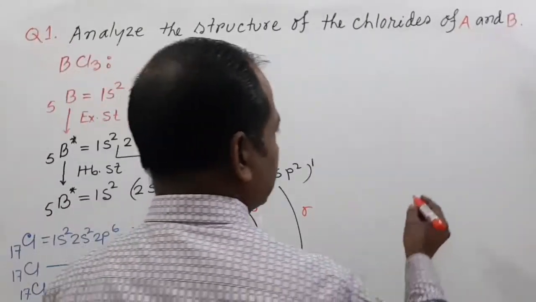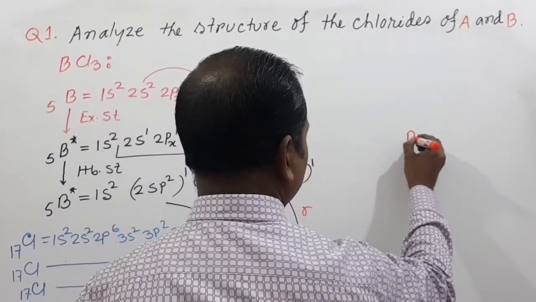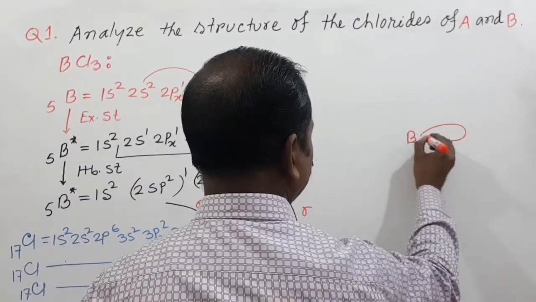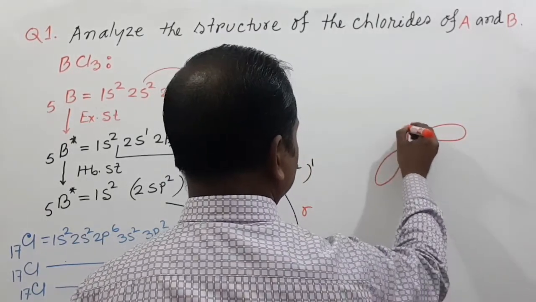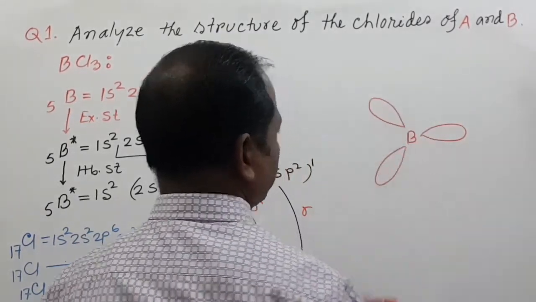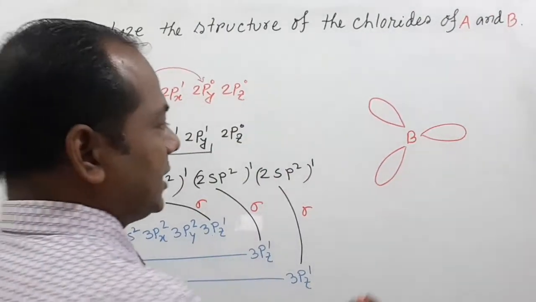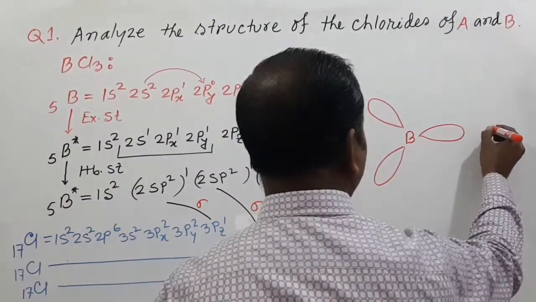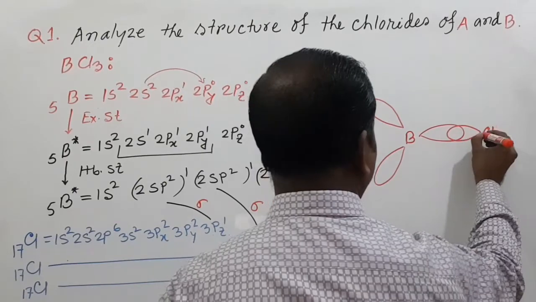The central atom of boron trichloride is boron. This is sp2 hybrid orbital, and this sp2 hybrid orbital overlaps with the p orbital of chlorine.